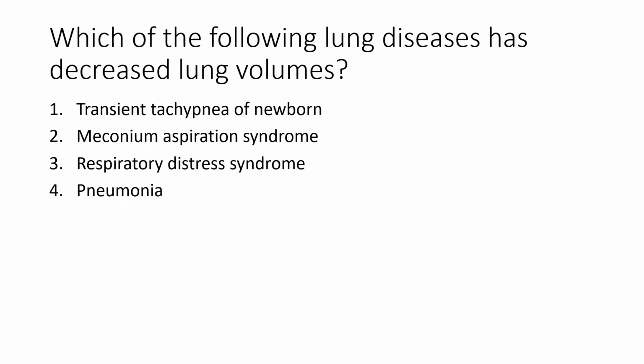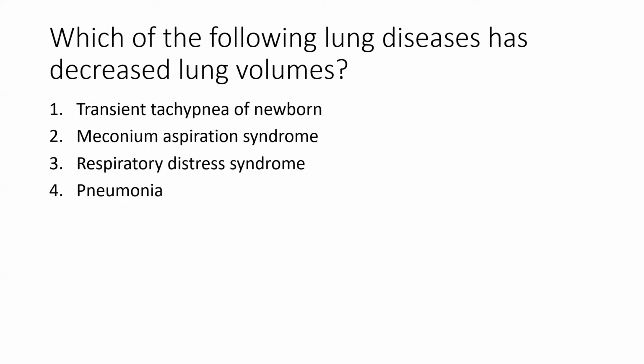Okay. Which of the following lung diseases has decreased lung volumes? Transient tachypnea of newborn, meconium aspiration syndrome, respiratory distress syndrome, and pneumonia. It is rather important to be able to interpret the pediatric chest radiographs for the core exams as well as in your general radiology practice.